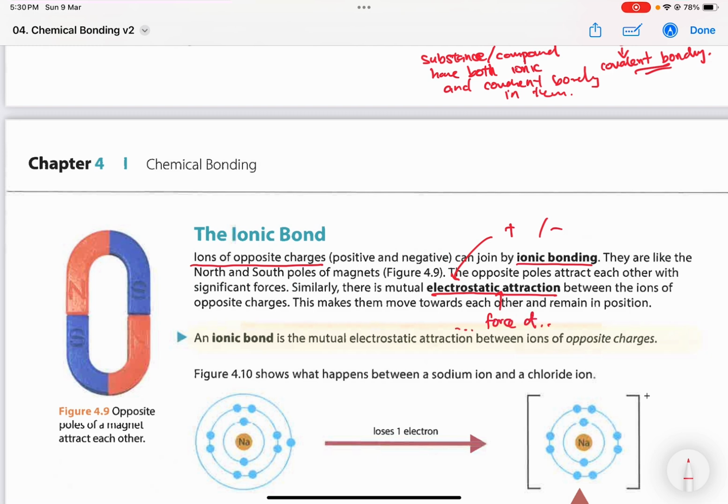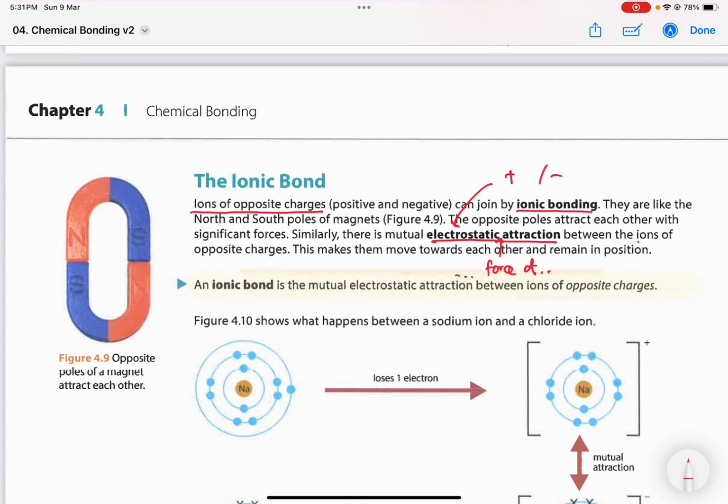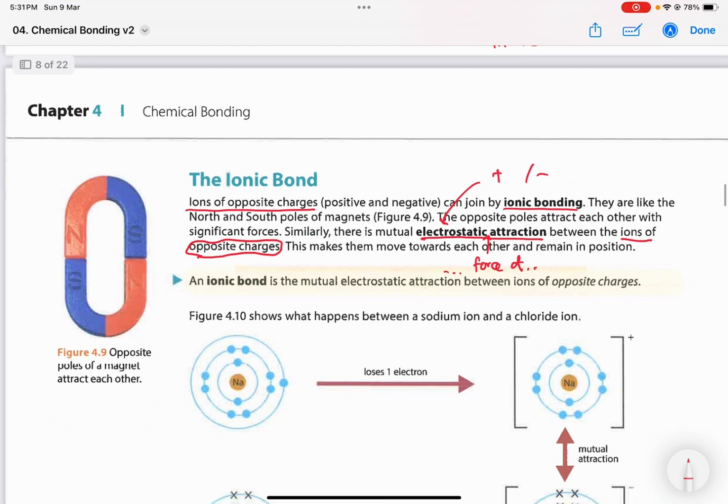So this electrostatic force of attraction is between ions of opposite charges. Now take note, it must be plus and minus. Plus will repel plus, minus will repel minus. So they must be plus and minus in order for us to look at this in terms of ionic bonding, where there's an attraction. Okay, so ionic bond is the mutual electrostatic force of attraction between ions of opposite charge.